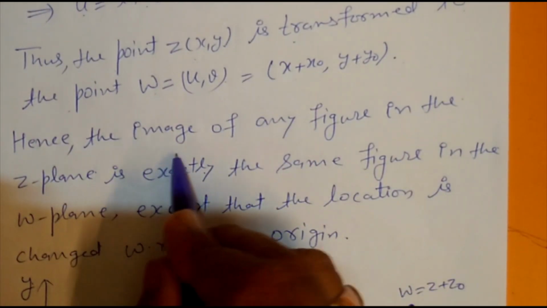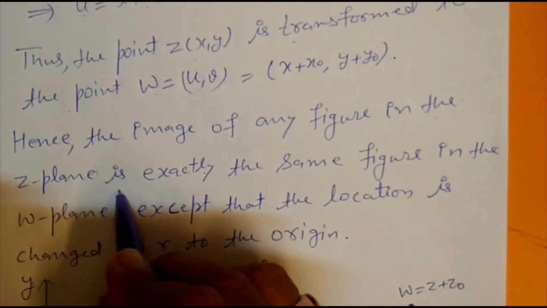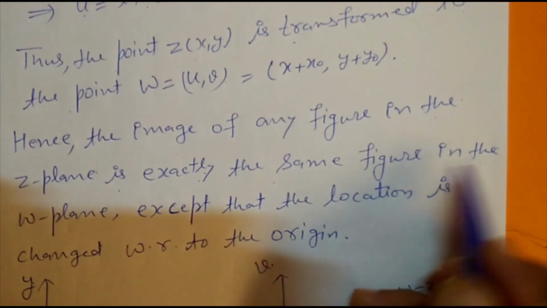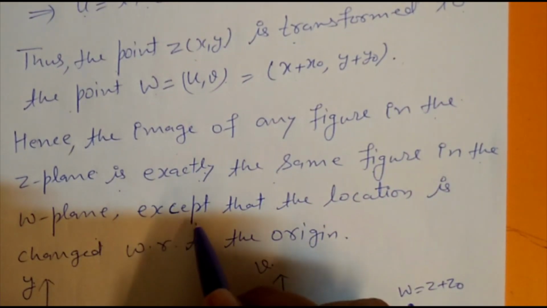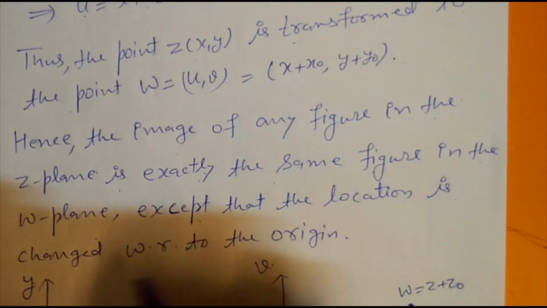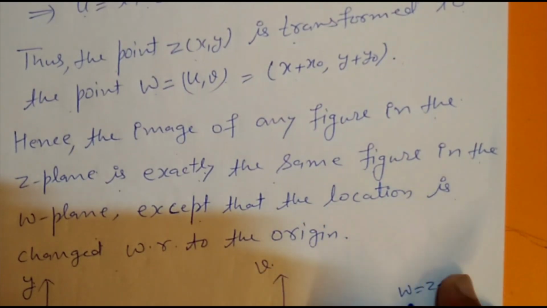Hence, the image of any figure in the z plane is exactly the same figure in the W plane, except that the location is changed with respect to the origin.